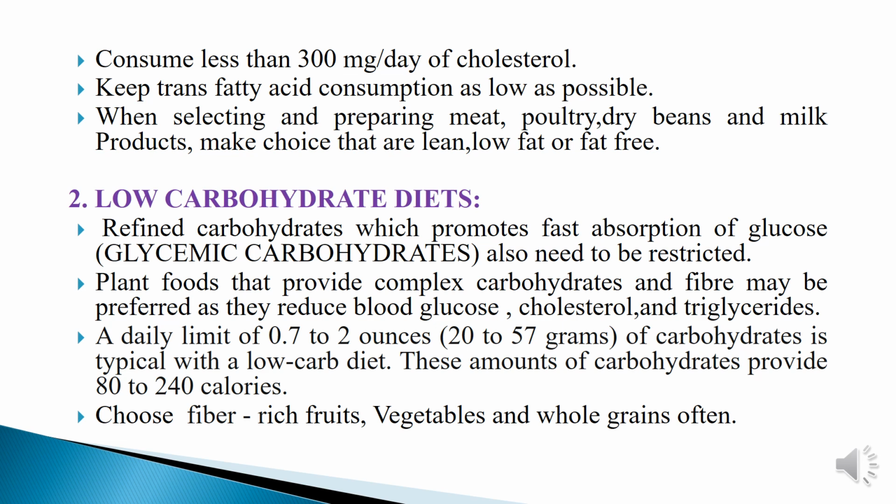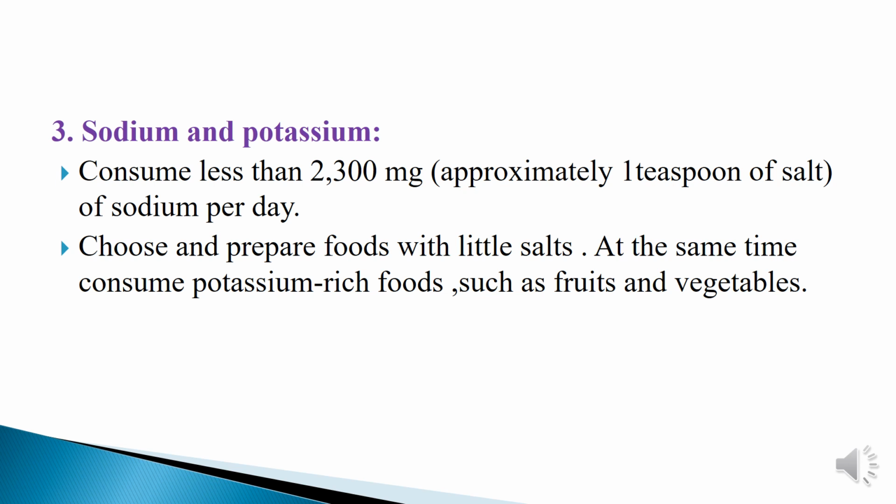So these amounts of carbohydrates provide 80 to 240 calories, and fiber rich foods are chosen, that is fruits, vegetables, whole grains, to be taken often for a low carbohydrate diet. Foods such as fruits and vegetables have more potassium, so that we can gain some minerals in our body.